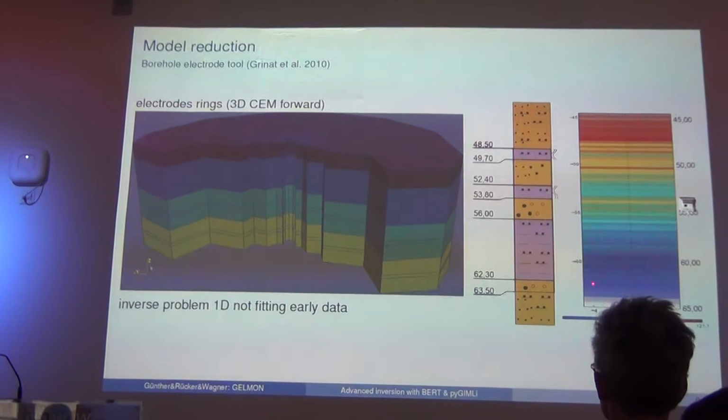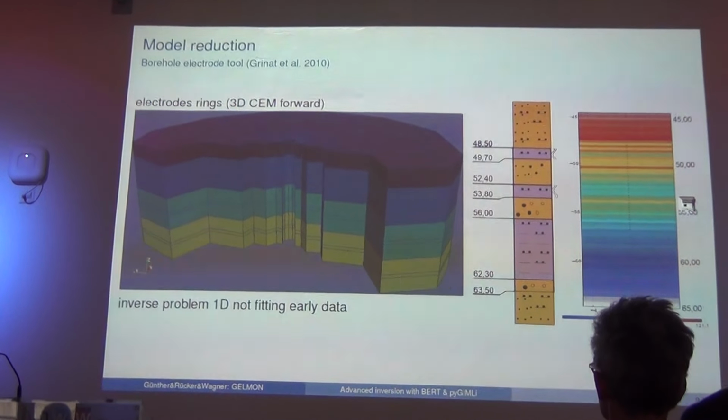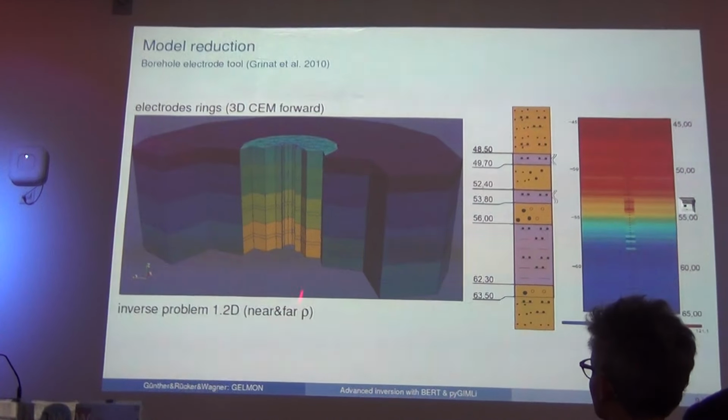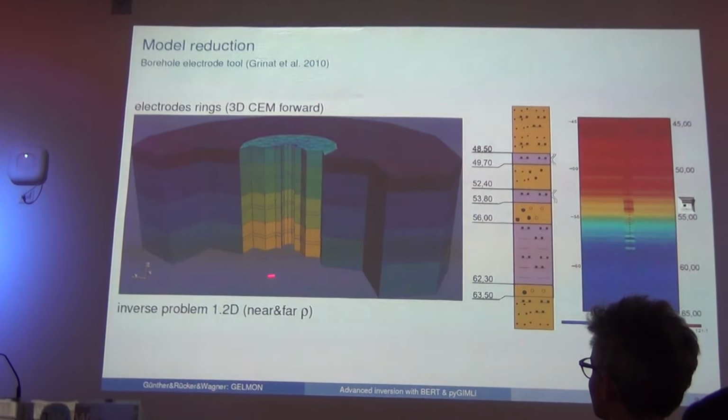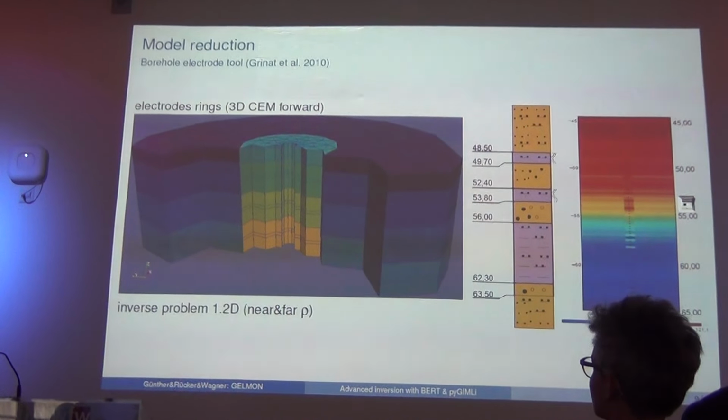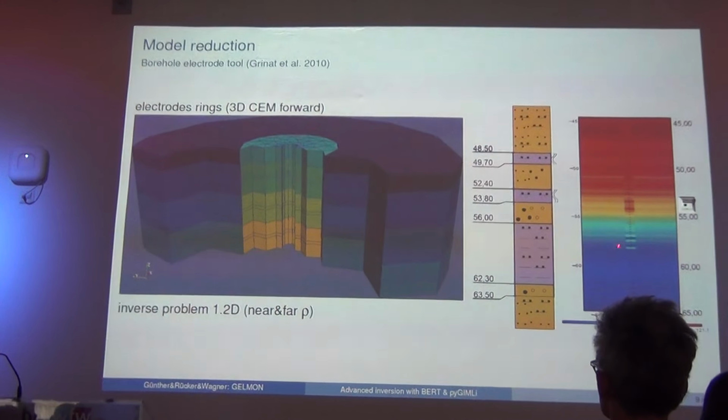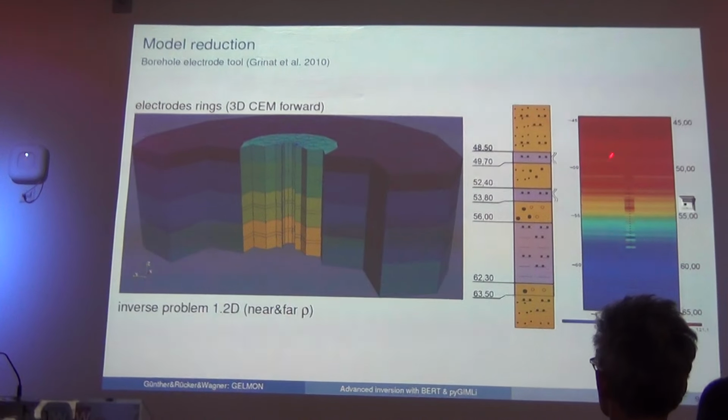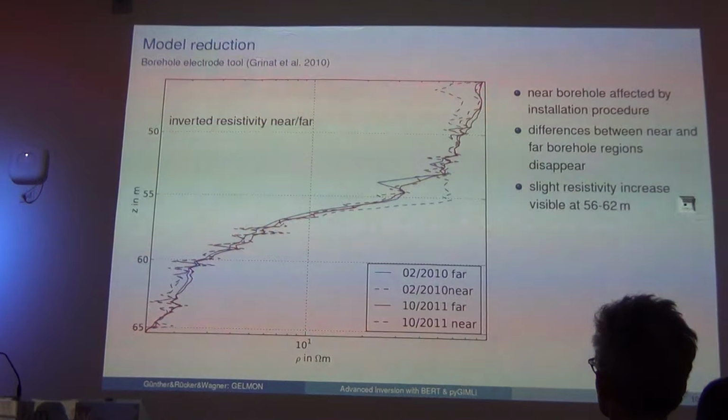I'm just showing a section. This has to do with geology, but it's not perfectly fitting the data. So what you can do is to say, maybe 1D is a bit too harsh. I'm calling it maybe 1.2D. So say, maybe there's a near-borehole zone which is influenced by the borehole fluid, and there's a far undisturbed zone. And then it's almost 1D, but there are different features.